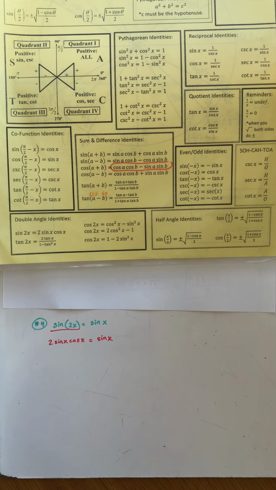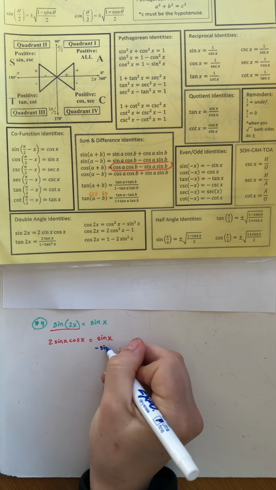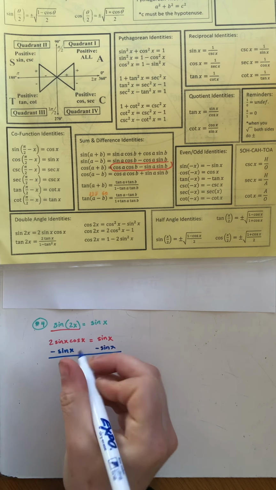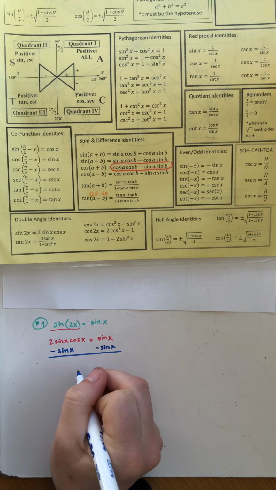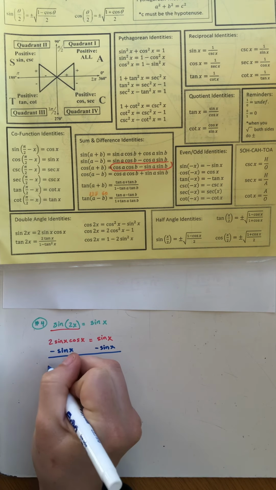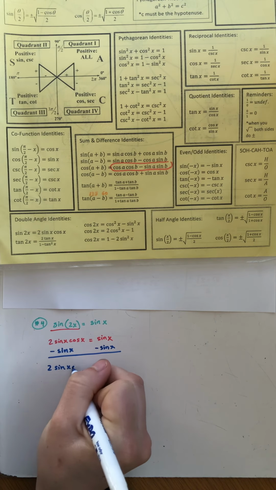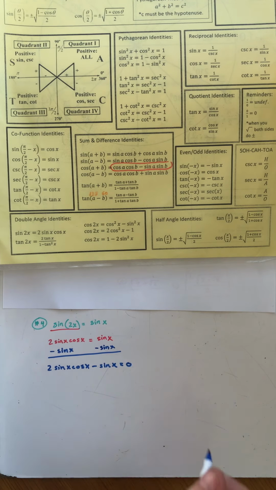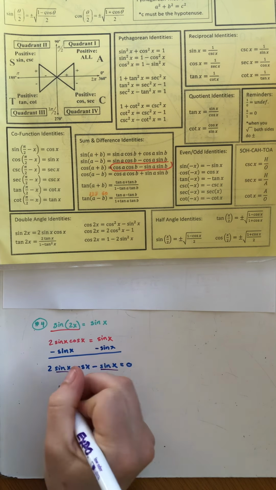Now in order to solve, you have to get it equal to 0, so I'm going to subtract sine x on both sides. You cannot divide by sine of x because then you're going to be getting rid of some answers. Now when I have things repeating, I am going to use GCF factoring, so they both have a sine x in common.